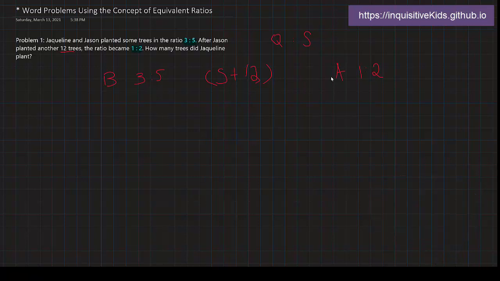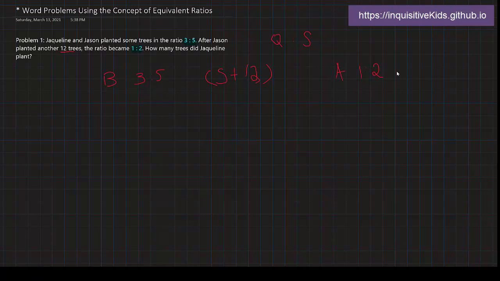Well, if we want to solve this problem, we need to first be able to find the amount of 1 unit that these ratios have. But before we can figure that out, we have to make sure that the 2 ratios are based on the same unit.